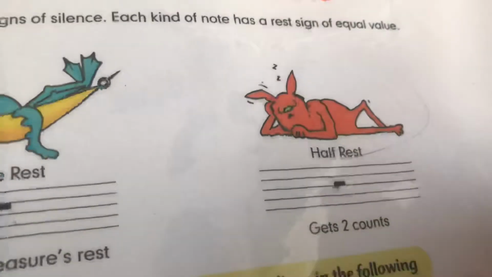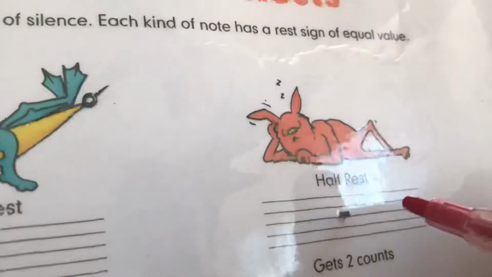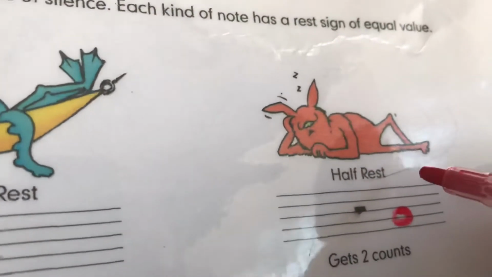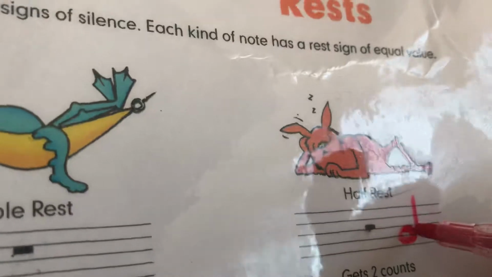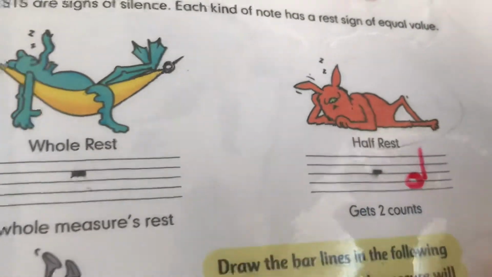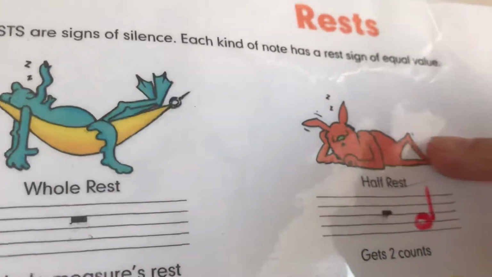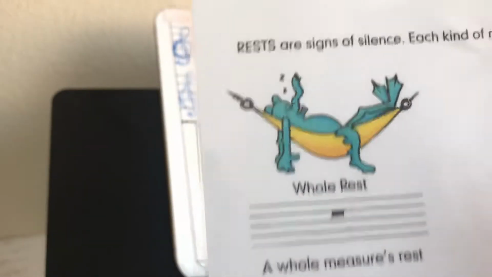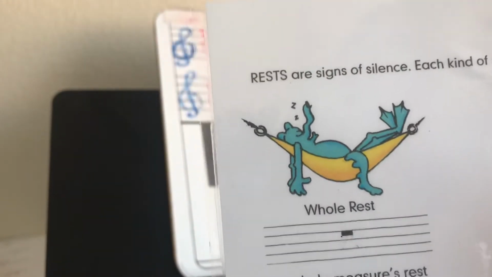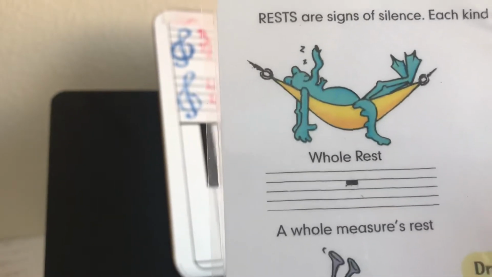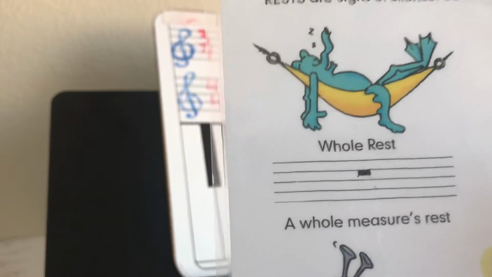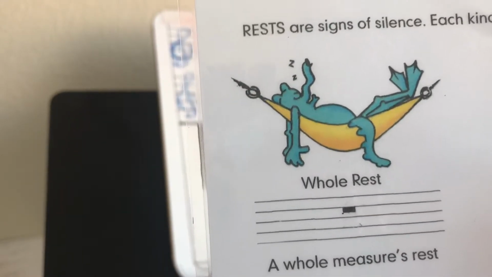Here, instead of playing half note, which is white inside and has a stem, we are resting. And the last one is a whole rest. Look how it's sleeping, because it has all 4 beats to sleep. 1, 2, 3, 4. So you can take a good nap.